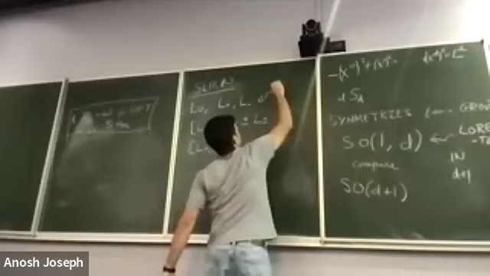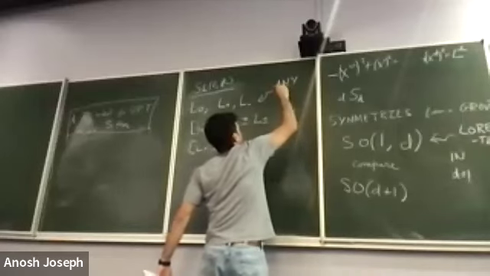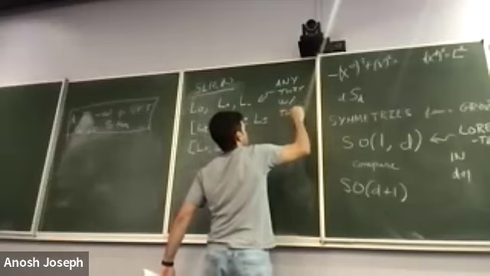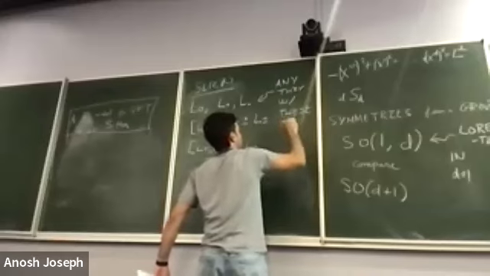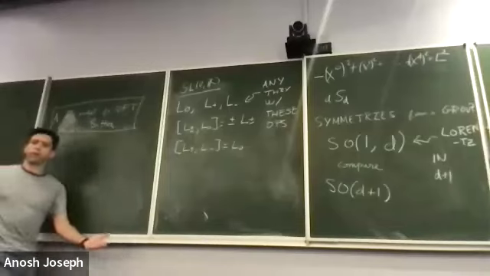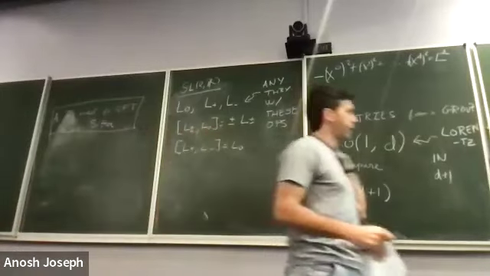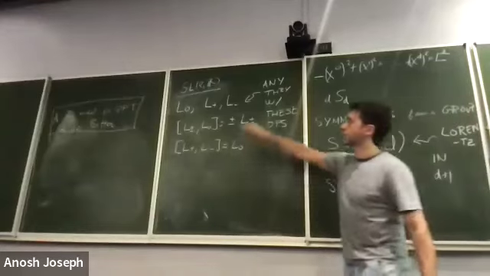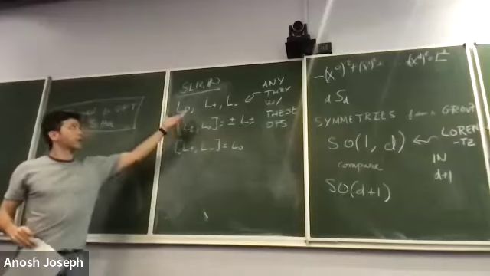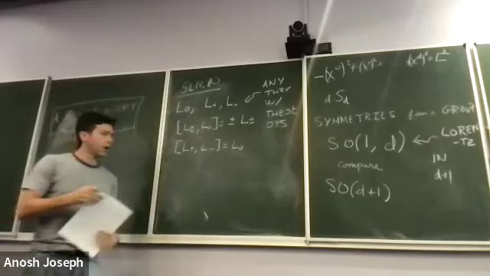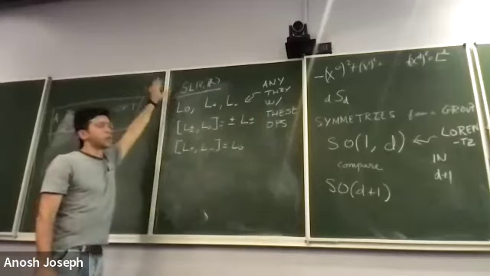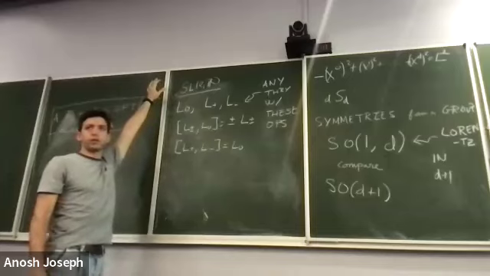Any theory with these operators, no matter how you choose to write them down in terms of basic quantum fields, in terms of X and P in quantum mechanics, that act unitarily on Hilbert space is a theory with an SL2R symmetry. And this just so happens to also be the symmetry group of two-dimensional de Sitter.